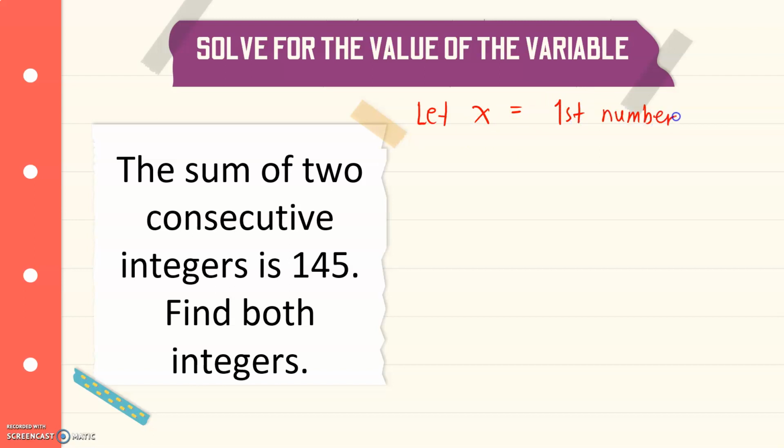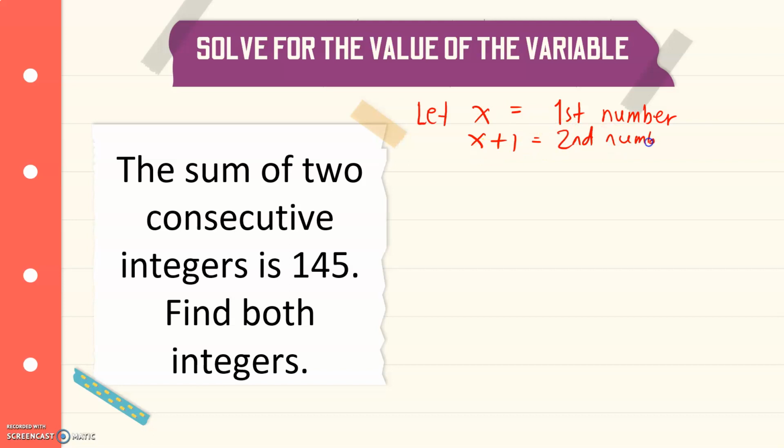We do not know any of the numbers, so we will represent one of them as x. Since it says the sum of two consecutive, there is a condition that the numbers are consecutive. So if our first number is x, it means that we'll have to add 1 to the first number to make sure that these two numbers we have are consecutive.